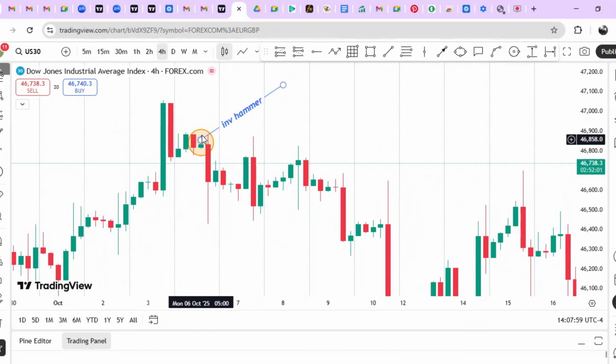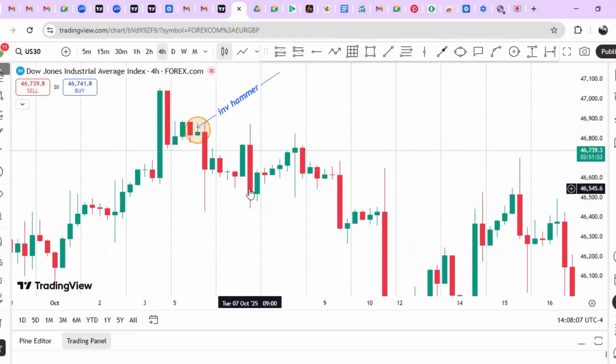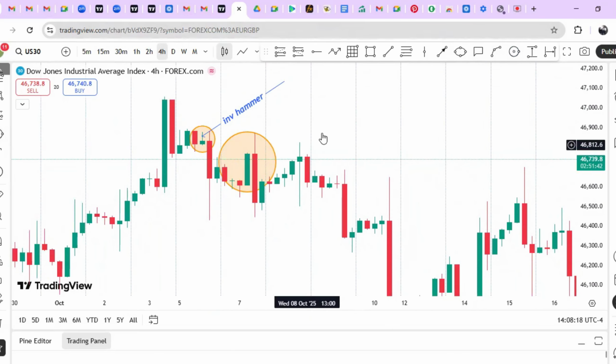And you can see what happened. After this candle formed, you can see this impulsive push to the downside, telling you sellers are coming into the market. Then what happened next? We saw this red candle engulfing this green candle here, an engulfing candle.